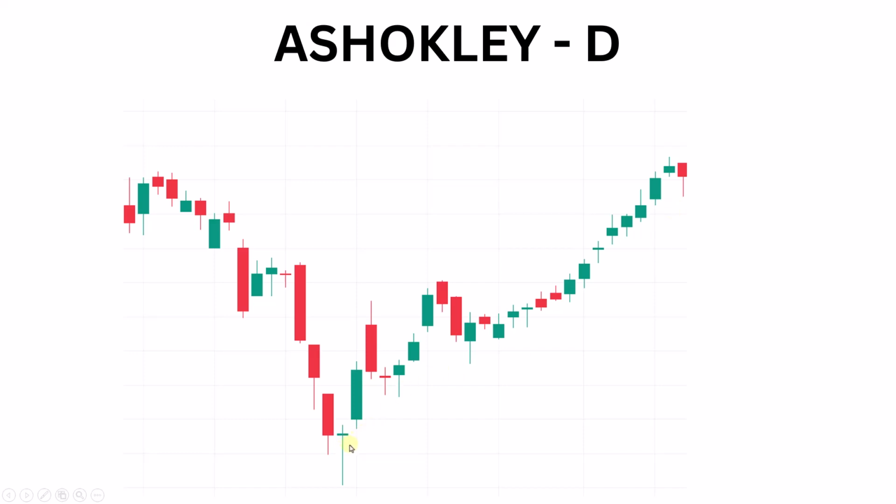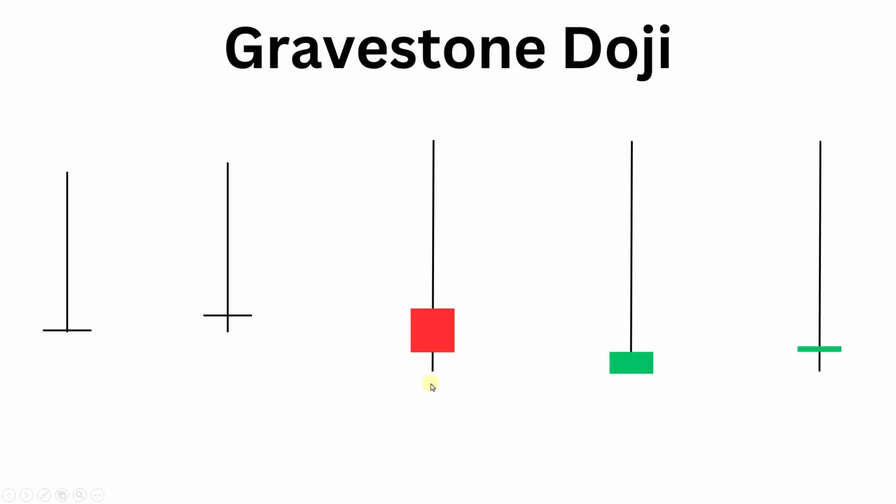So this is about dragonfly doji. Next is gravestone doji. This is a gravestone doji. This is a variation of gravestone doji. Now you have to treat these two just the way you would treat these. I won't explain in detail because you already know about these, correct?